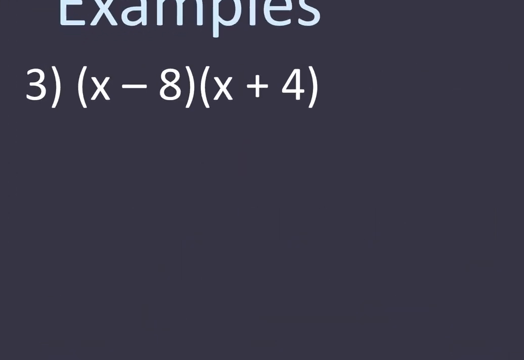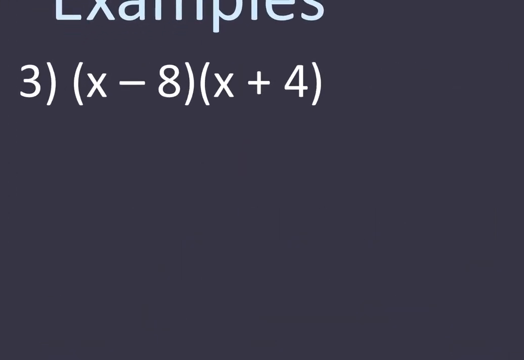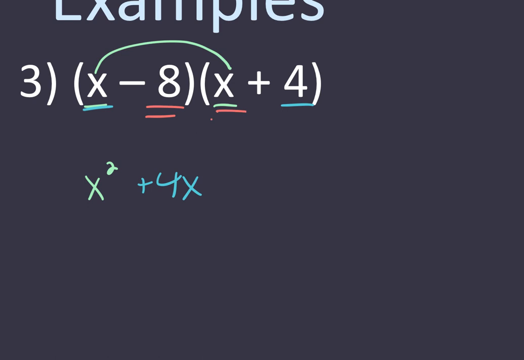All right, so 3, I'll do one of each. The first would mean I multiply the first 2 in each. So first would be x times x, which is x squared. Outer would be the outer 2, positive 4 and positive x, so positive 4x. Inner would be negative 8 and positive x, so negative 8x.